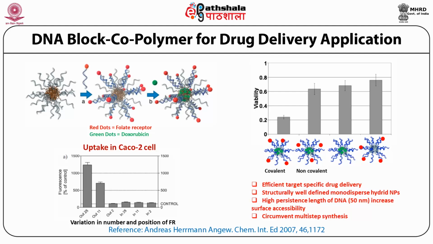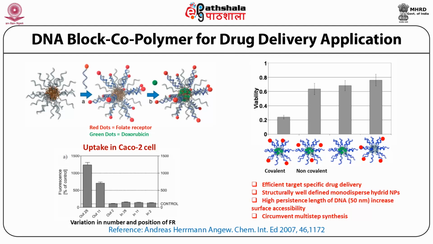There are control experiments where there is no targeting unit present, so you cannot kill the cancer cell that effectively, or you don't take any doxorubicin into the mix at all. So this is very important, and the presence of this kind of DNA in the corona area has an added effect, because DNA normally has high persistence length, and that actually increases the surface accessibility of such folate receptors targeting cancer cells.